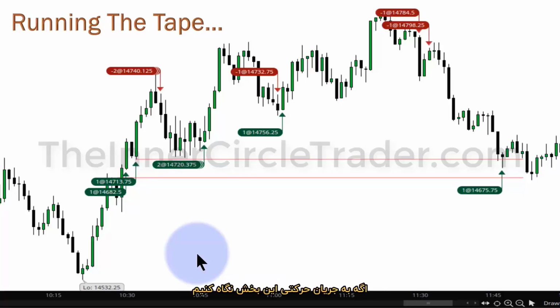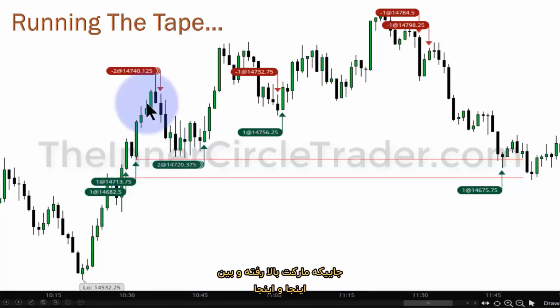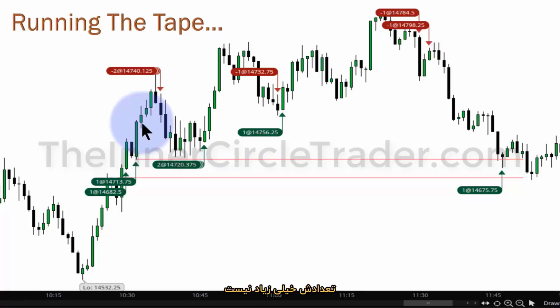So if we look at the ebb and flow of all this here, where the market's trading up, and between here and here, it's not a small number of handles. It's a pretty respectful amount of handles. It's not a couple, it's not a handful. And then up here, it's a reversal, and then it comes back down, and I buy it back here in reverse.